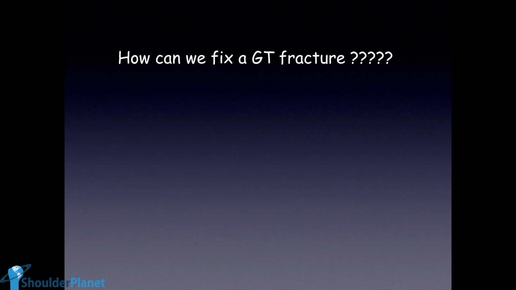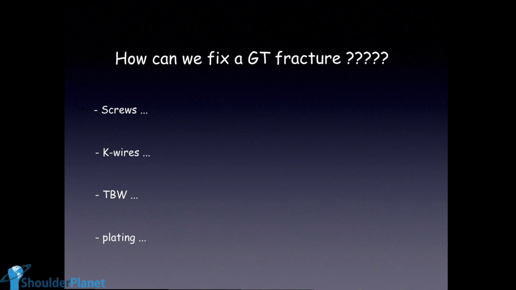And how can we fix a greater tuberosity fracture once, of course, there is indication of fixation? Well, we can use many things. We can use screws, K-wires, TBWs, tension band wiring, plating. All of those possibilities are fully described in the literature.